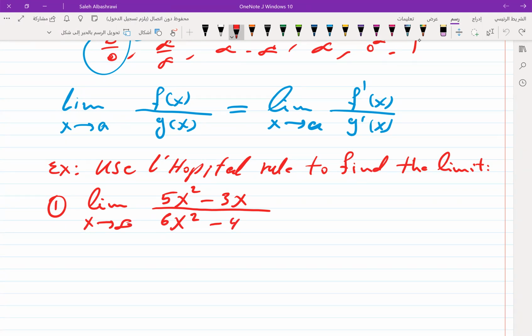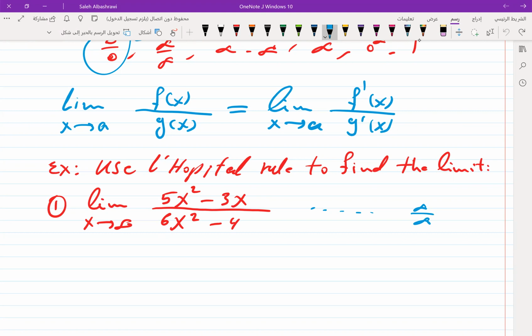Let's make it easy this time. Before, we said that if I have a polynomial divided by another polynomial, we take the limit of the highest power for the numerator and the highest power for the denominator. And you can see that if we replace x by infinity, I will have infinity over infinity. This is infinity over infinity. It means that we can apply the L'Hopital rule.